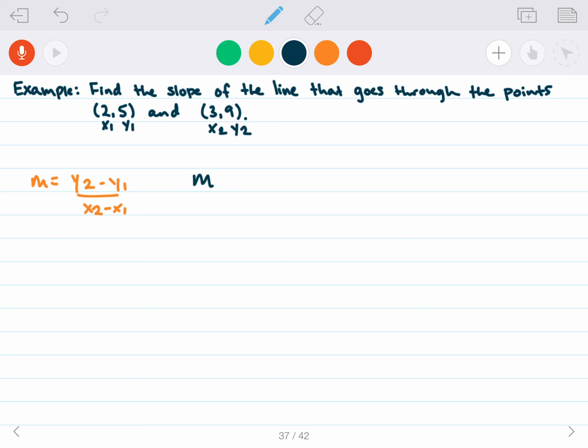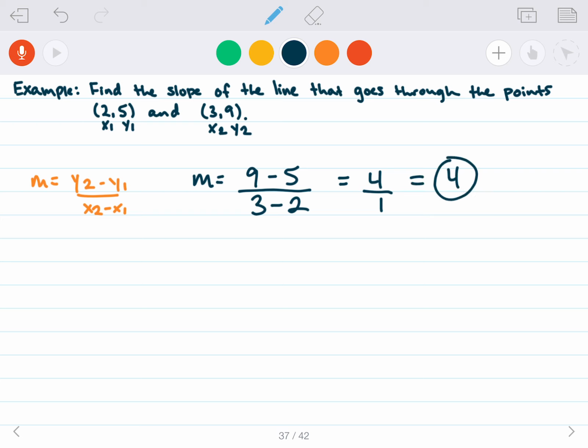So my slope is going to be y2, which is 9, minus y1, which is 5, divided by x2, which is 3, minus x1, which is 2. Okay? So on top, 9 minus 5 is 4. 3 minus 2 is 1. So the slope is 4.